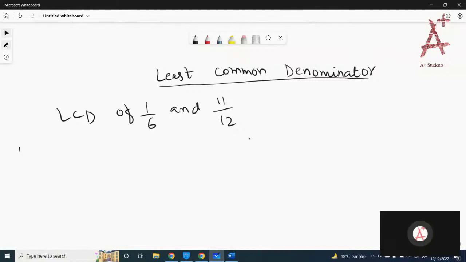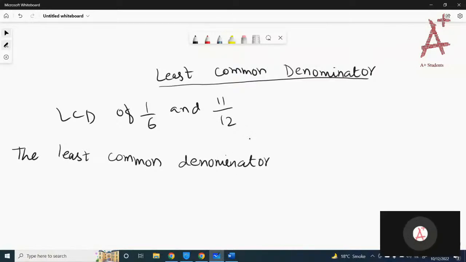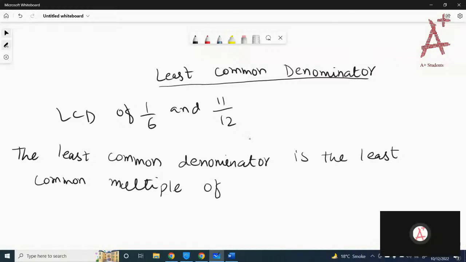The least common denominator is the least common multiple of the denominators.